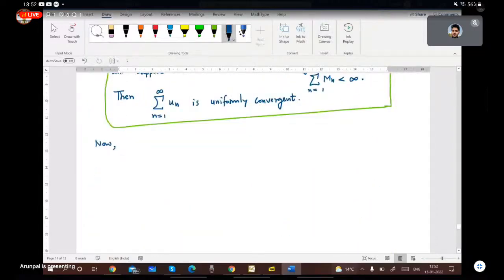Let's have a look at f first. Now class, we are given the following. f is analytic on this. We are given this class. Is this okay, class? Yes, sir.